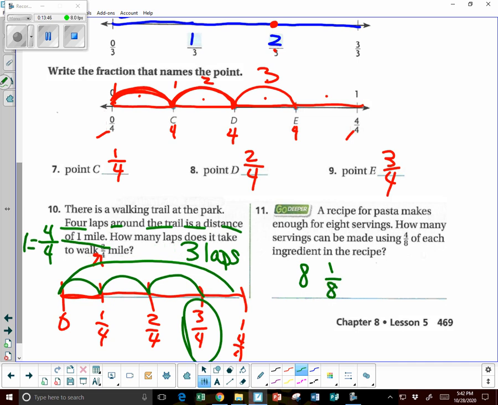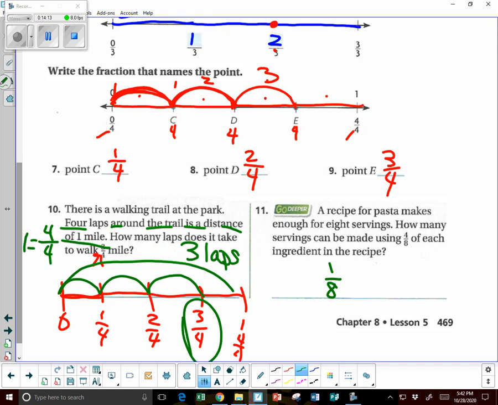So let's think about this. I'm trying to show it to you different ways. If there are 8 servings, then one of those servings is 1/8 of the entire recipe. 1/8 is 1 serving. Now, how many servings would be made using 4/8?